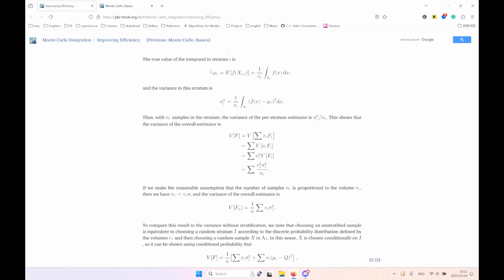Random uniform sampling can result in clumping, and with this we guarantee the samples are better distributed.